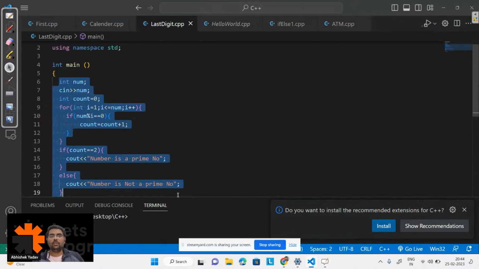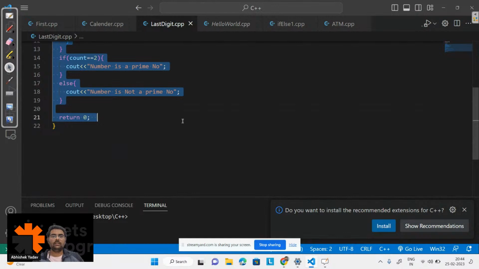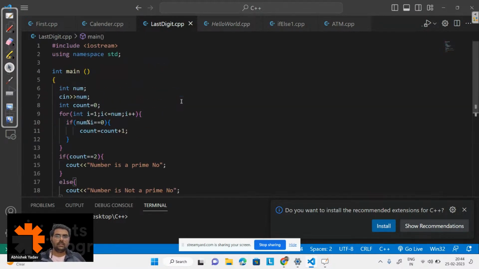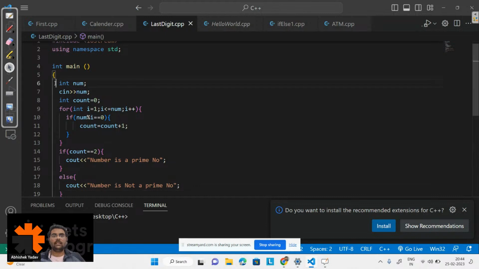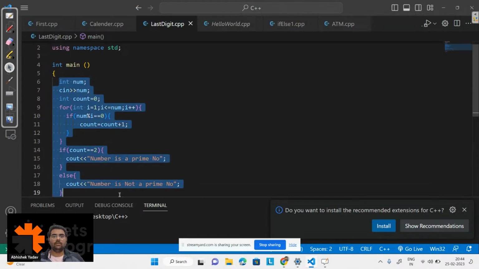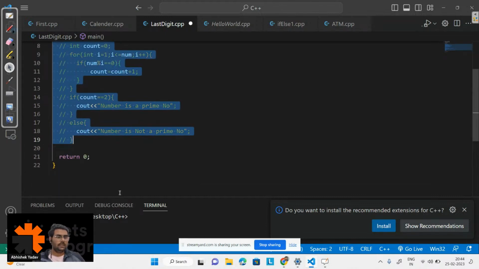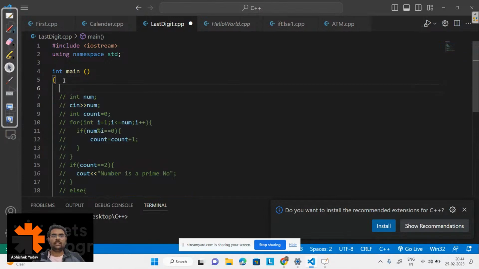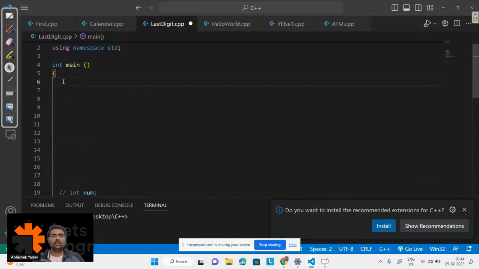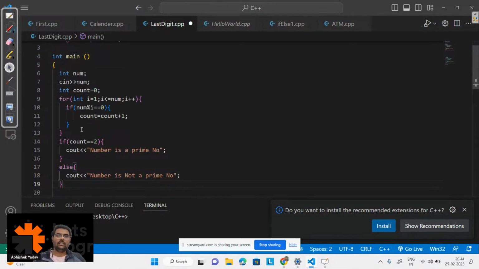Let's comment this brute force solution, right? And after that, let's comment this part. That is the brute force solution here. And what I will do, let's do this part, that is the optimized one.